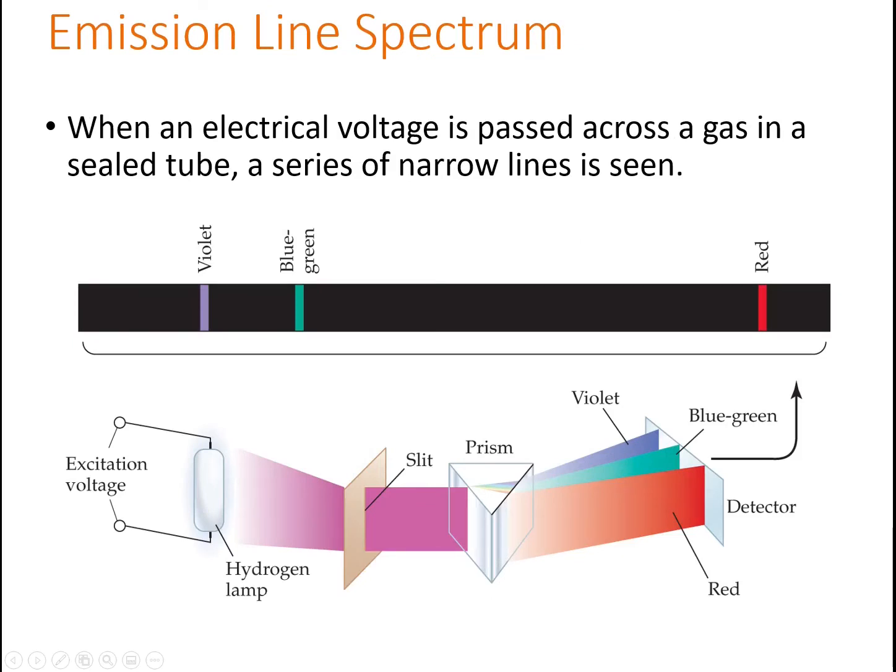Some of the support for that comes from emission line spectra. If you have a gas of any element in a lamp, in this case hydrogen gas for this example, and you put voltage through it, and then you send that light through a prism, which is going to separate out the different colors, you will only see certain colors come out. Remember that these colors are different wavelengths of light.